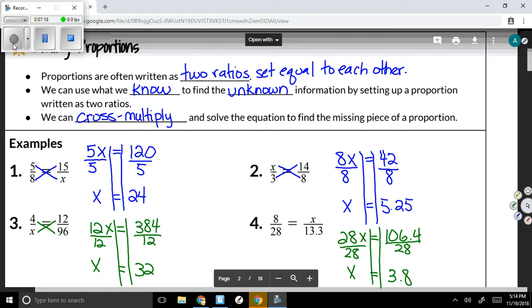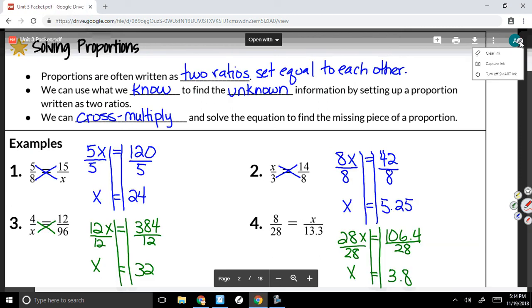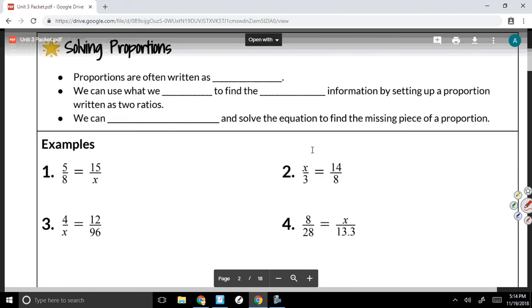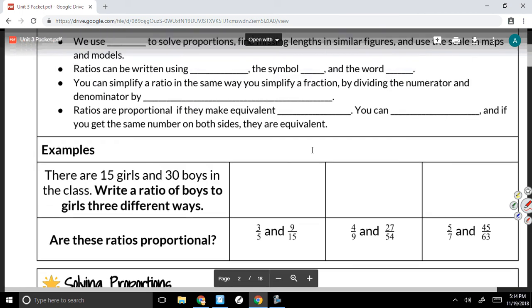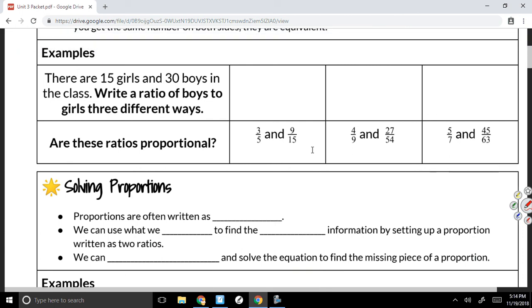So that's the end of our notes, but we do have one more thing that I just want to go through as kind of a hint as you are working on your practice on the next page. Over on the side here, I want you to go up to that first set of examples where we were writing down our pieces, right next to where it says there are 15 girls and 30 boys. That section is going to be helping you on questions 1 through 12 on the next page.